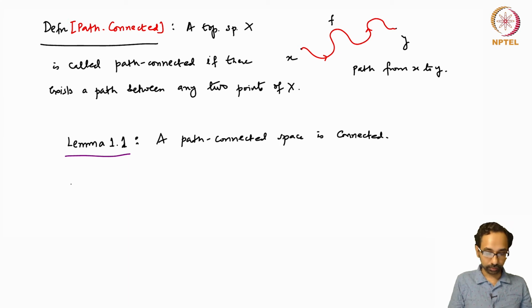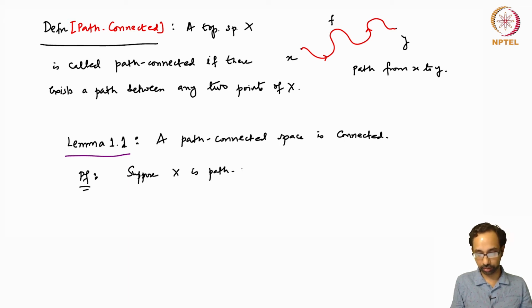So let's see a quick proof of this lemma. So suppose X is path connected but not connected.